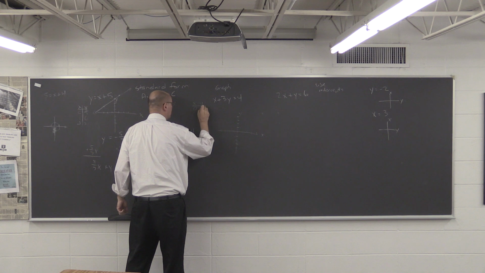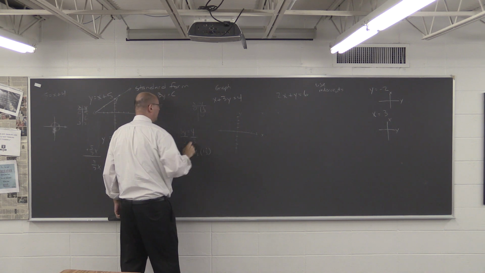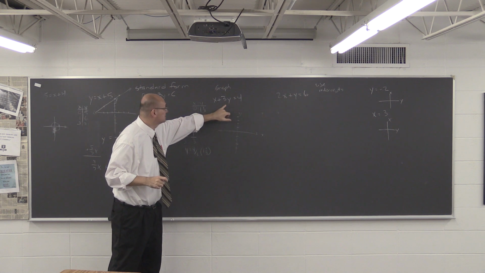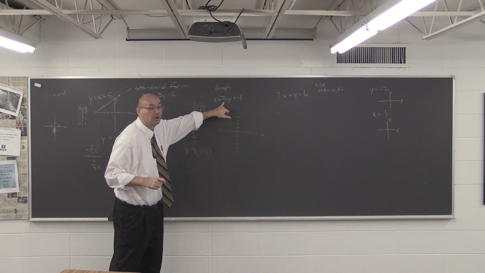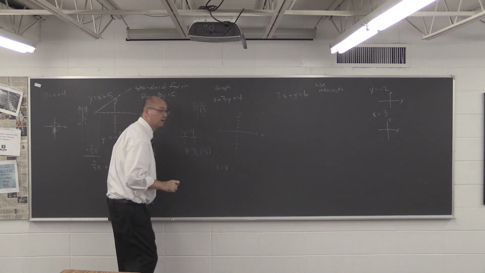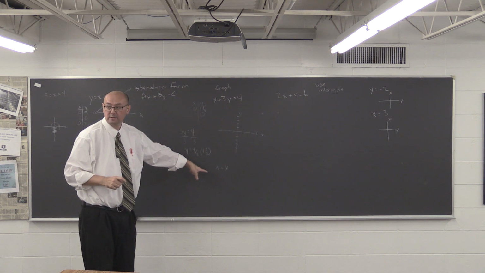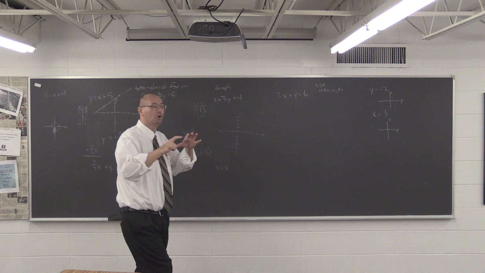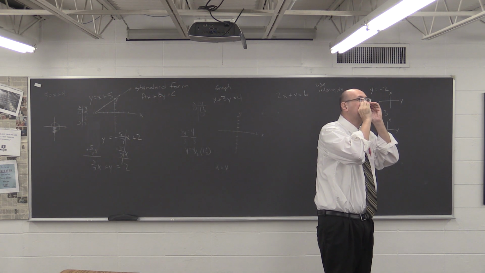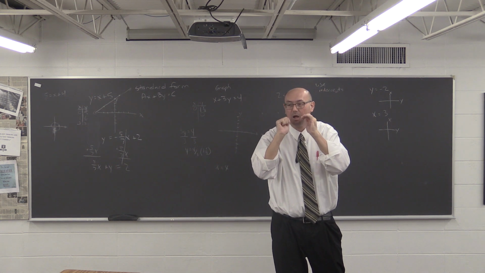1 and 1/3. Now 0 for the Y. What's 0 times 3? 0. X equals what? 4. Everybody see that? 0 is an easy number, and it gets rid of the term.